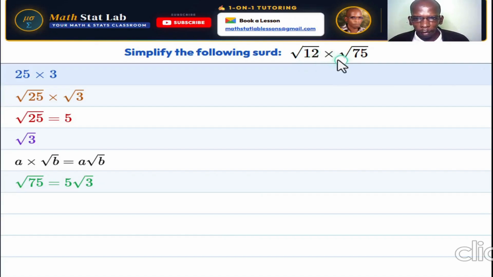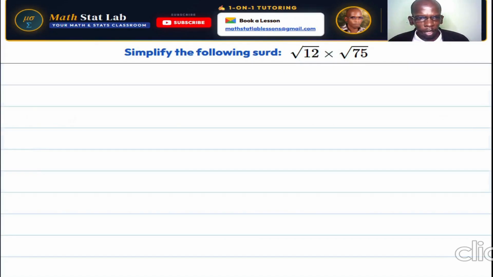Now we have the one for 75 and previously we had the one for 12. So now we combine them so that we can multiply. So now it becomes 2 root 3, which was for 12, multiplied by 5 root 3, which was for 75. From there, we apply the multiplication rule. If we have the root of a, in this case the root of 3, multiplied by the root of b, which in this case is still the root of 3, it's the same as taking a multiplied by b, then we apply the root.